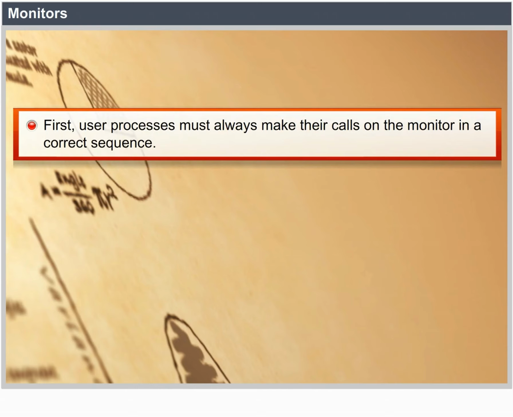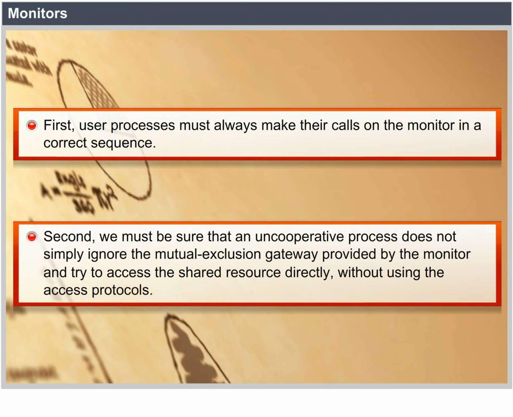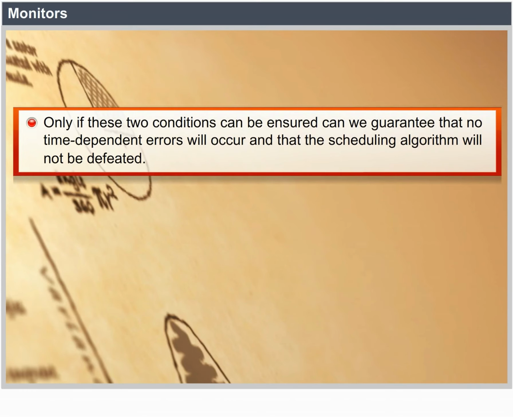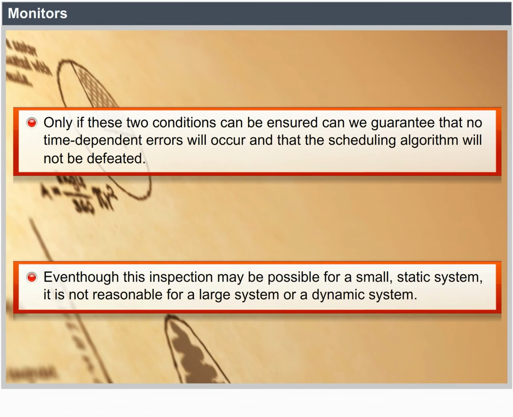Second, we must be sure that an uncooperative process does not simply ignore the mutual-exclusion gateway provided by the monitor and try to access the shared resource directly without using the access protocols. Only if these two conditions can be ensured can we guarantee that no time-dependent errors will occur and that the scheduling algorithm will not be defeated. Although this inspection may be possible for a small, static system, it is not reasonable for a large system or a dynamic system.